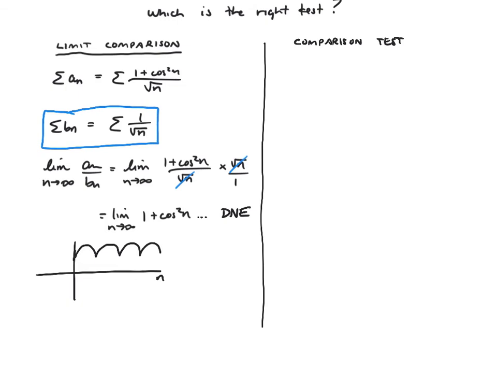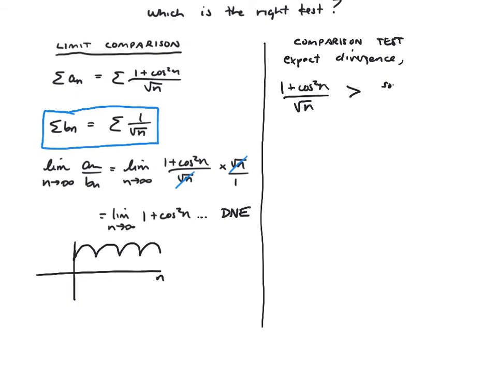All right, so again, I have my intuition, I'm expecting divergence. So let me just write that. I expect divergence. So I'm going to take this a_n term, this 1 plus cos squared n over the root of n, and I want to bound that as larger than some other function, and that other function I want to diverge.